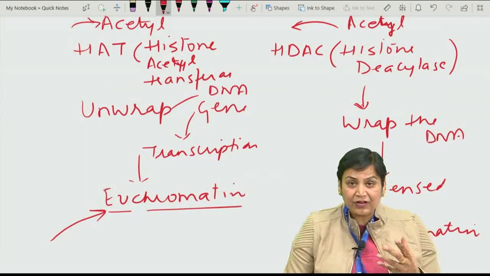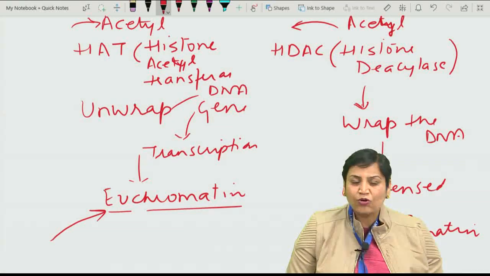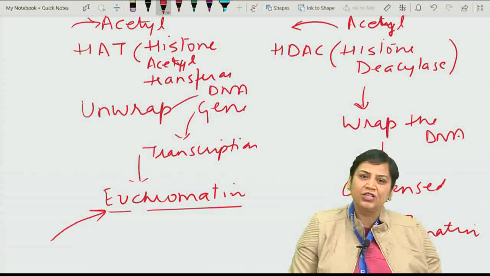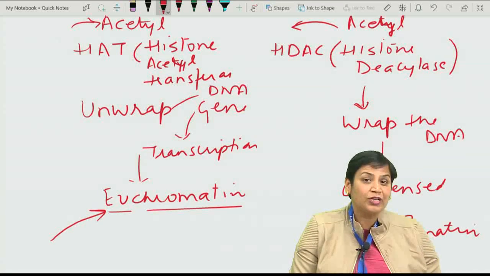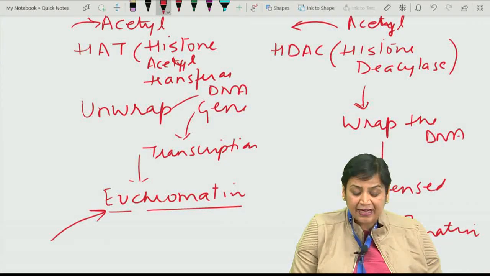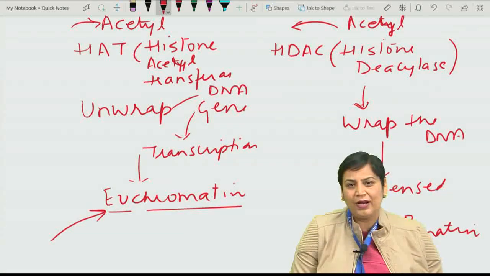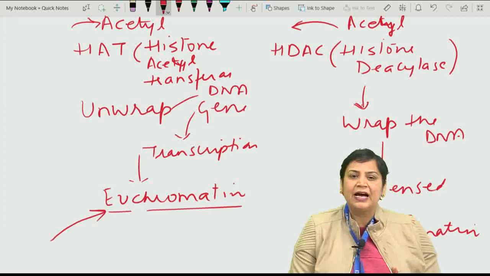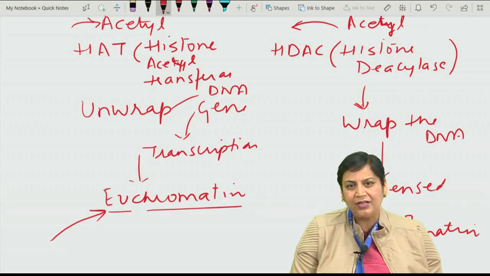Hetero means different types of things are there, or it is darkly stained. Heterochromatin is further of two types, constitutive and facultative. So whenever we talk about histone acylation, it has to be the increase in the formation of euchromatin, so that it is unwrapping DNA for maximum expression of that particular gene.